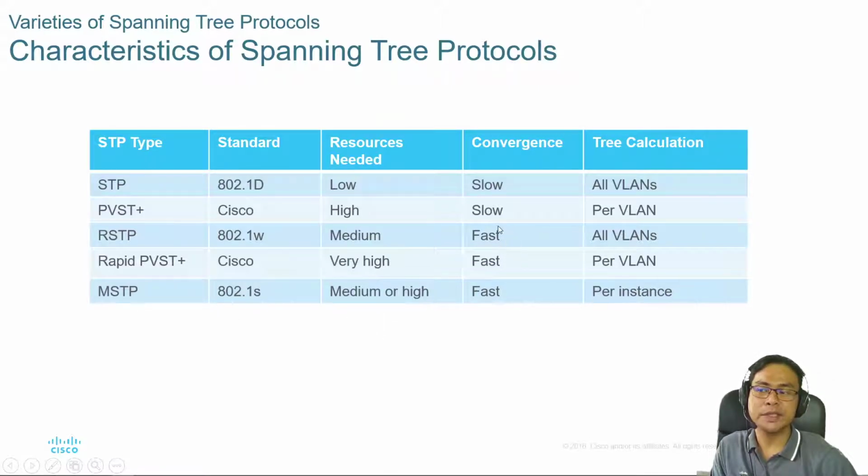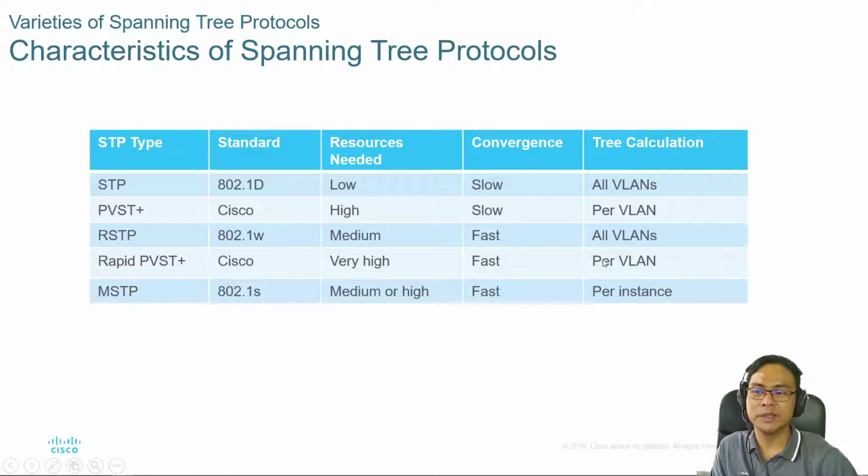The convergence, yung RSTP, Rapid PVST Plus, and MSTP ang mabilis, ang fast. So we have yung all VLANs, the improvement is per VLAN. We have the all VLANs for RSTP, the improvement, Rapid PVST per VLAN, and then MSTP is per instance naman.